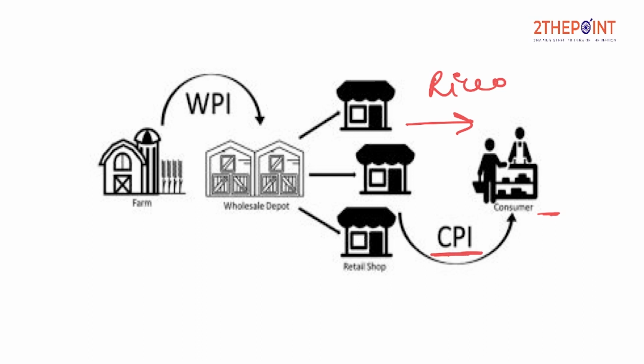And the transaction price between these retail shops and these wholesale depots or the factories is tracked by the wholesale price index. So this WPI is concerned with tracking the wholesale prices.